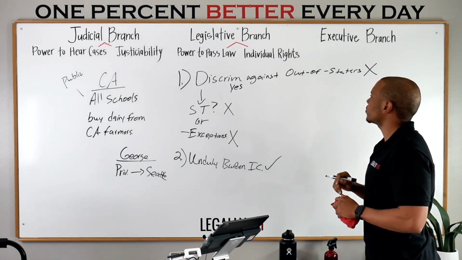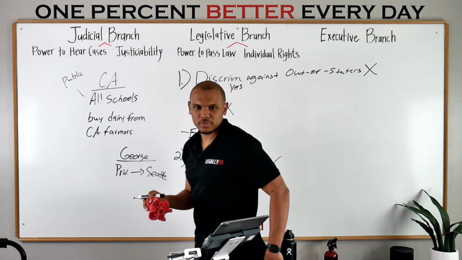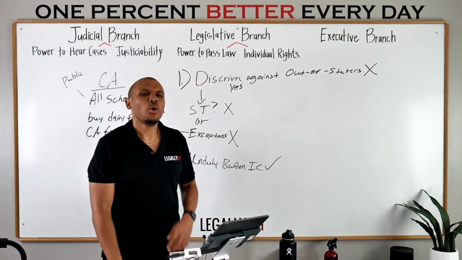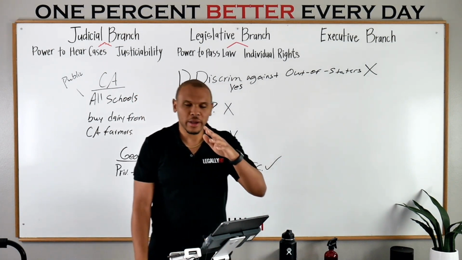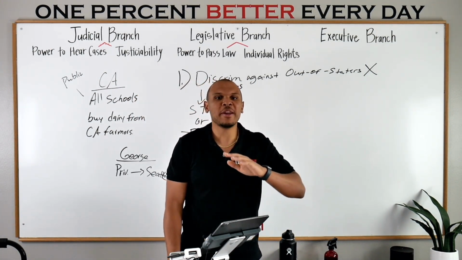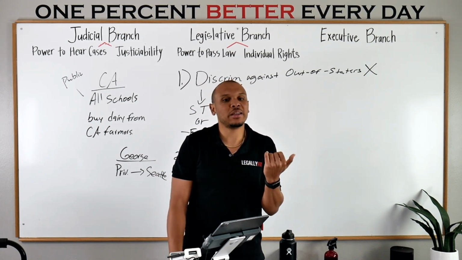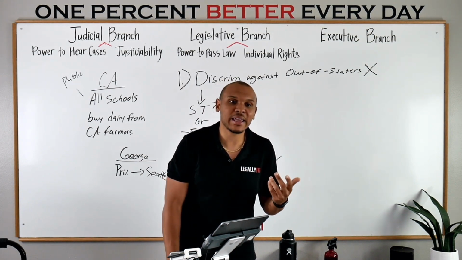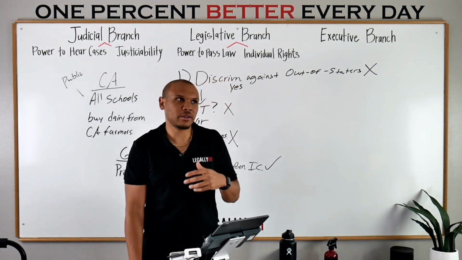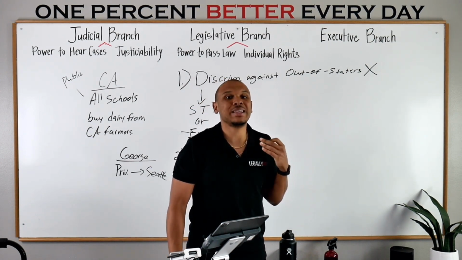I thought it is successful because it is discriminating, and there are exceptions. That's how I'm thinking. Okay, so it's totally fine depending on what perspective you want to look at it from. If you're looking at it from the perspective of the challenger, who must prove one of these things to show that it's violated, or if you want to look at it from the perspective that this state law must meet these prongs in order to be constitutional.